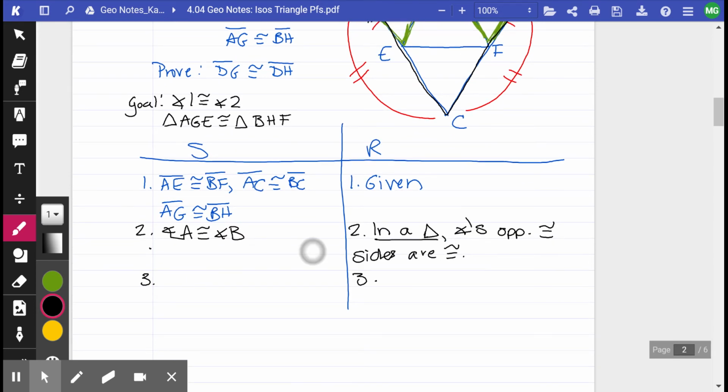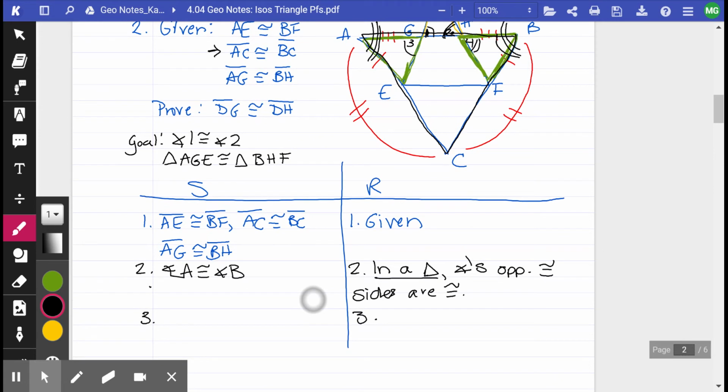So now I have angle A congruent to angle B, which means I can say that triangle AGE is congruent to triangle BHF. I have AE and BF as a side, I have an angle right here, and then segment AG and segment BH is a side.